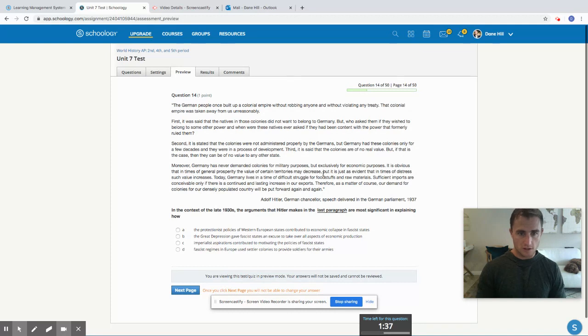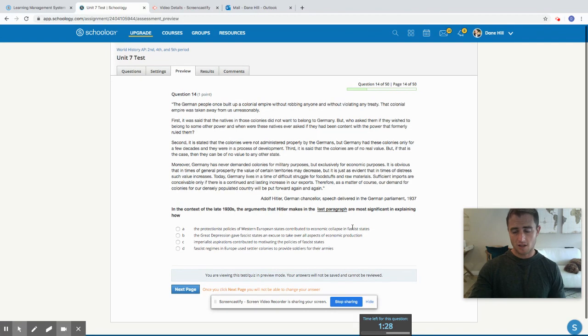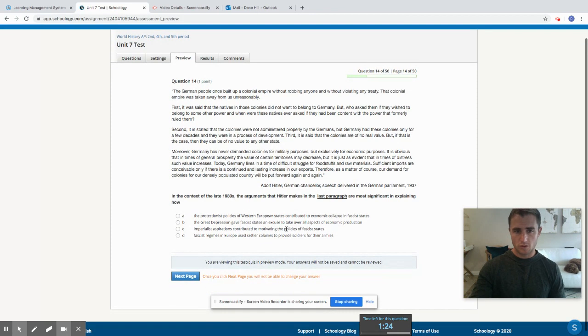And so in the context, Hitler makes these points to help explain what? Is it the protectionist policies of Western European states contributed to the economic collapse? Protectionist policies, that would be like tariffs, that sort of thing. Yeah, that's true, but it's not being depicted in the source. The Great Depression gave fascist states an excuse to take over all aspects of economic production.